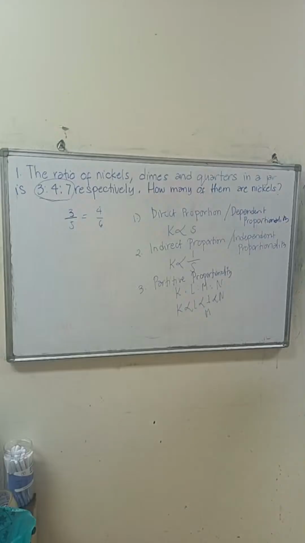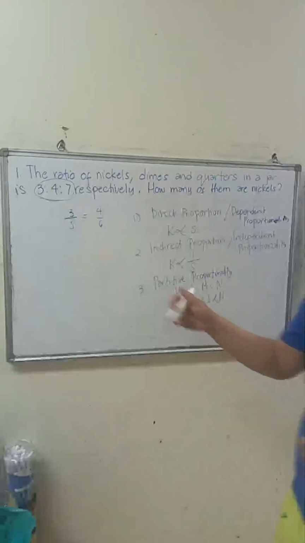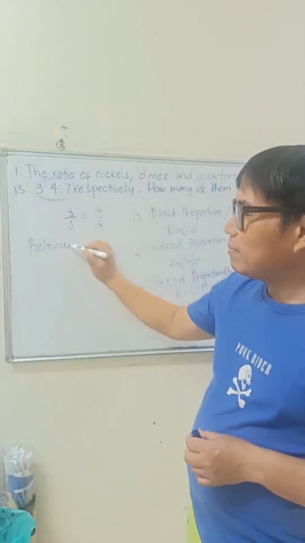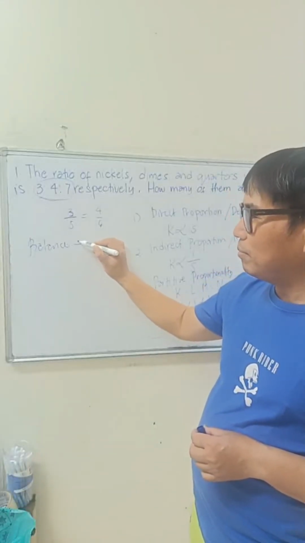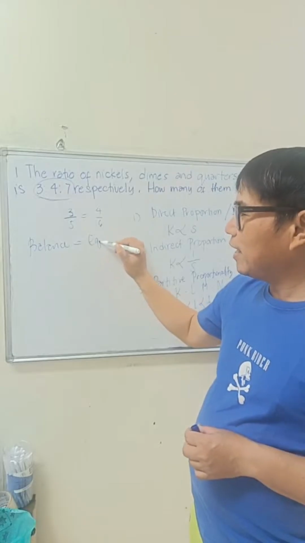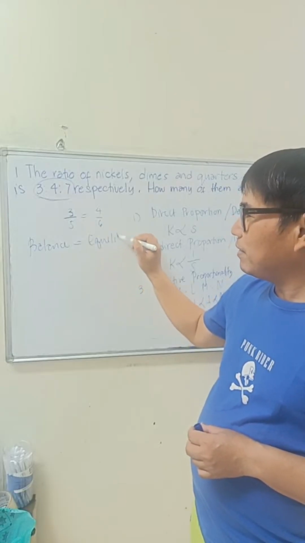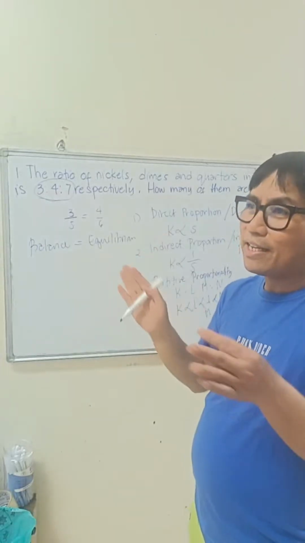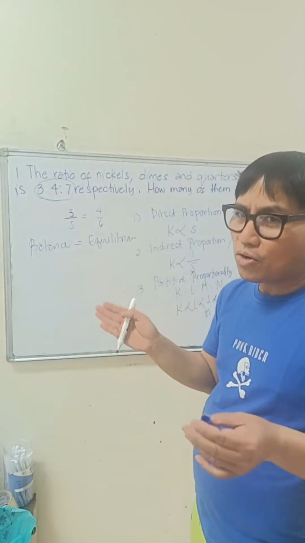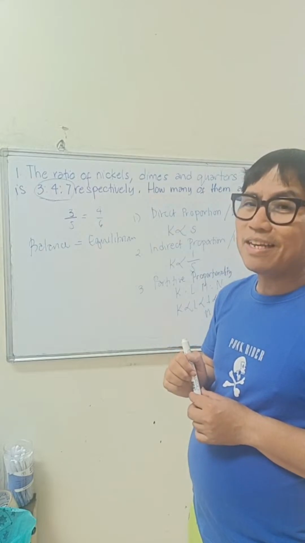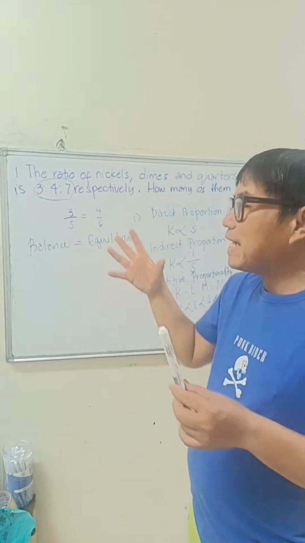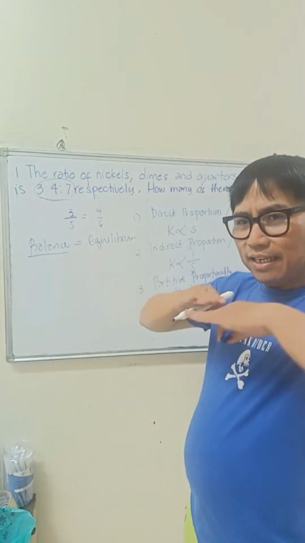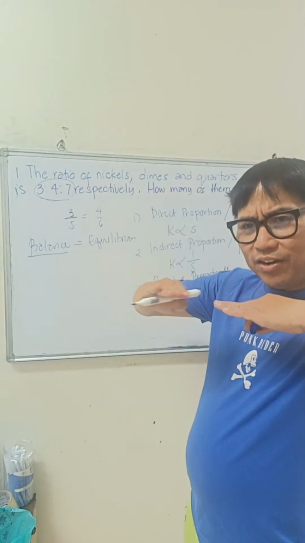Meaning in this concept, we need to balance to establish equilibrium. The equilibrium state here will be the equality of the right and the left. Just like in chemistry, we need to balance the chemical equation in order to achieve the state of dynamic equilibrium. It's the same principle. So when we balance, it's all linearly equal.